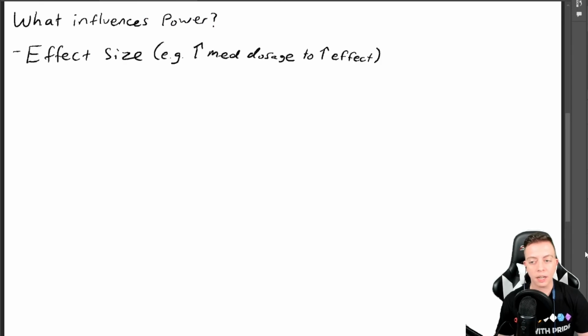So the first thing is effect size. If you have a study, let's say we are measuring the effects of caffeine on test grades, something simple like that. In an attempt to really separate out my control group from my experimental group, let's say I only gave the experimental group a very small amount, like 5 milligrams of caffeine.